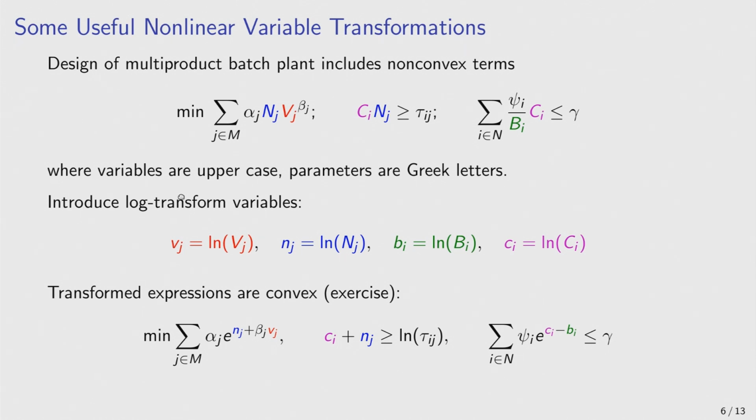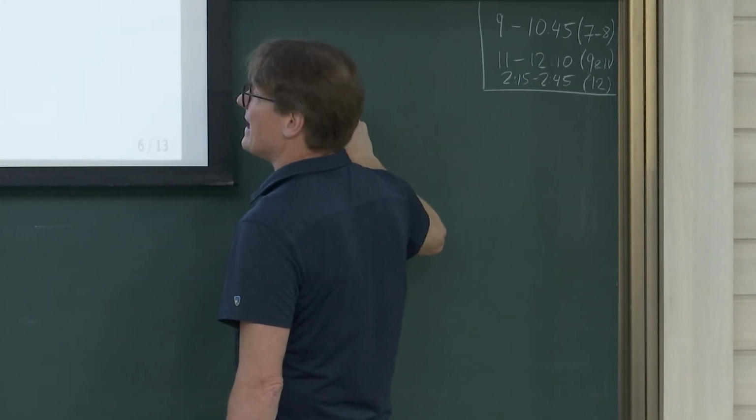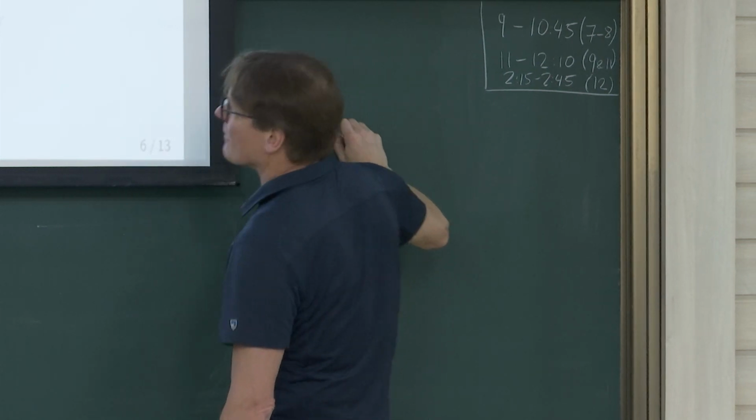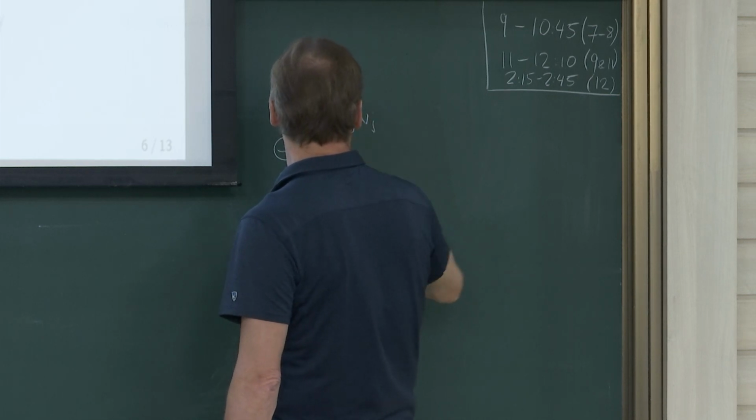And it then turns out that, okay, so the first term is n_j times v_j to the beta. So you can work this out that e to the little n_j plus beta_j times v_j.